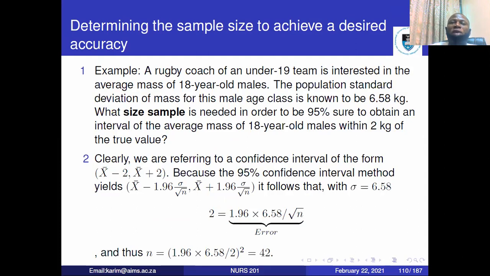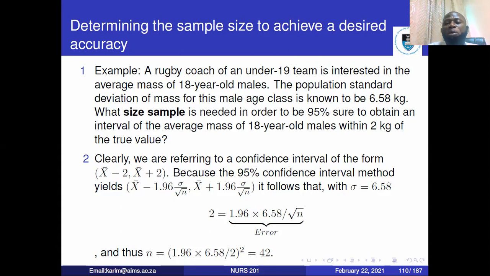We are worried about how much information we should gather before we can get a mean that will represent the population. What is the sample size that we should use? Should we use 30? Should we use 40? Should we use 50? Should we use 70? We don't know. So there is a need to determine a sample size that will be able to reflect the population.